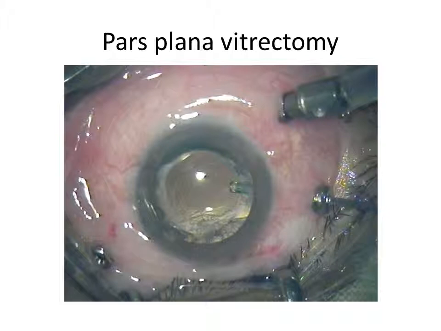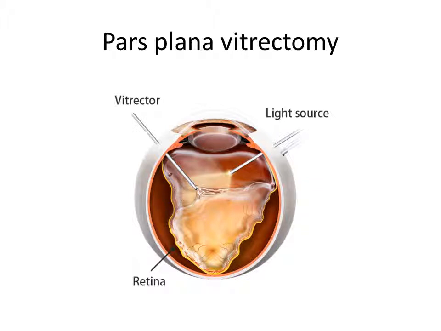This is how it looks in reality. You saw the video yesterday, so you have a nice imagination, but for non-ophthalmologists there is a nice drawing which shows how we perform pars plana vitrectomy. Basically, we perform three incisions into the eye through the anatomical structure which we call the pars plana. From this comes the name.